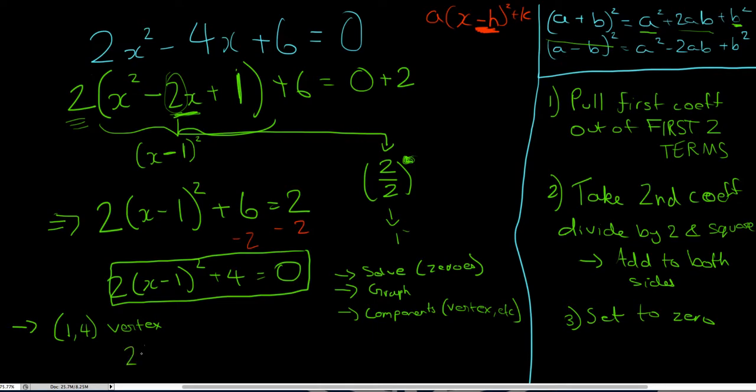So 2(x minus 1) squared plus 4 is going to be equal to 0. We can subtract 4 from both sides. So we get 2(x minus 1) squared is equal to -4. Divide by 2. (x minus 1) squared is equal to -4 halves, which is -2.